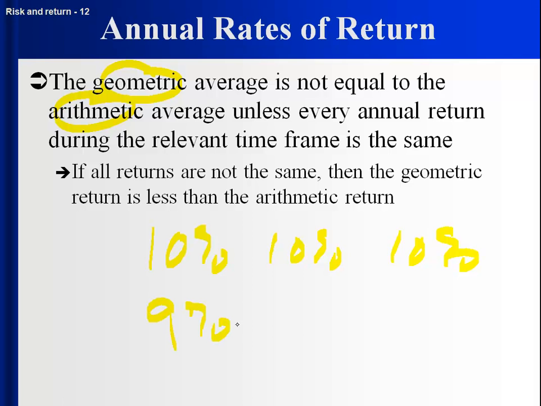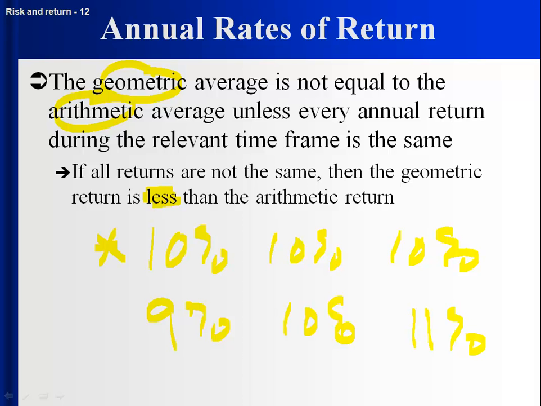But if we have 9%, 10%, and 11%, the arithmetic average is still 10%, but the geometric average would not equal the arithmetic, and in particular, it would be slightly less than the arithmetic. So the only time the two averages are equal is in a case like that where the return in every single year is the same and there's no variation.